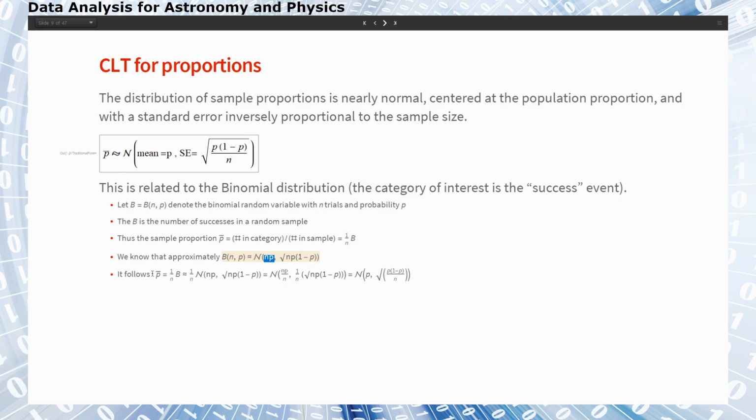So it follows that the proportion, which is b divided by n, is approximately distributed as a normal distribution multiplied with 1 over n. And we can simplify this, which then is a normal distribution where the n cancels out in the mean and also in the standard deviation, leading to these two population parameters.